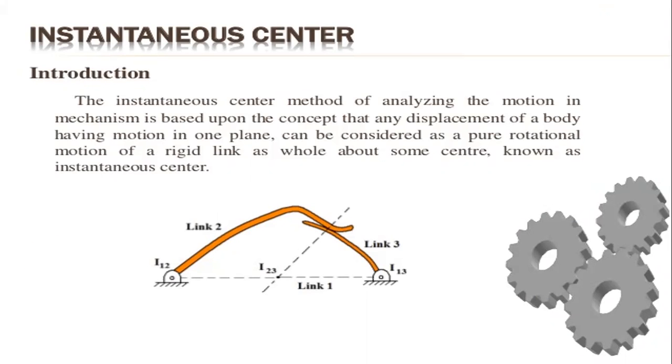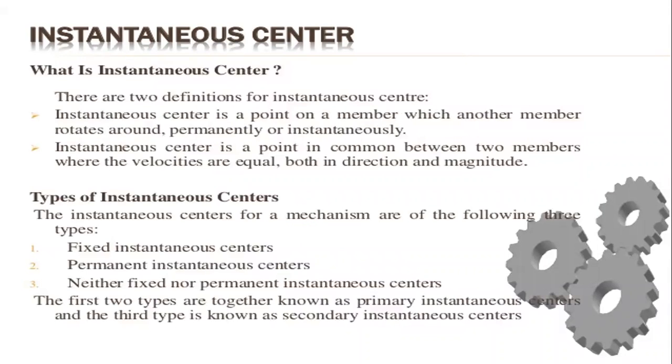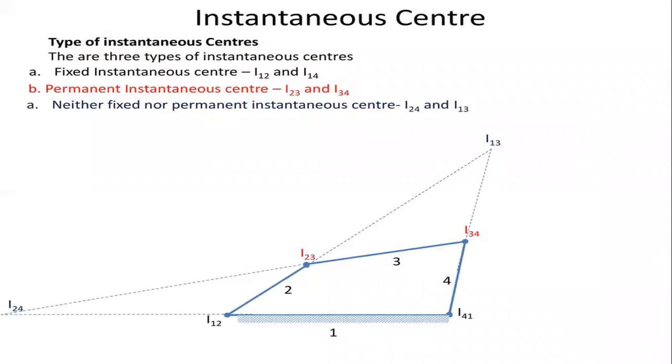So in the previous classes, we discussed the instantaneous center. The instantaneous center is a method of analyzing motion between two rigid links, one movable and another one fixed. The types of instantaneous centers are fixed, permanent, and neither fixed nor permanent.